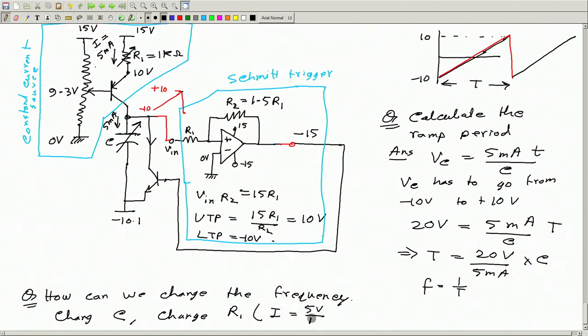So if you change this current, definitely the time required for this voltage to go from -10 to +10 will increase or decrease, right? So you can change this, and thereby you can have a controllable ramp generator.